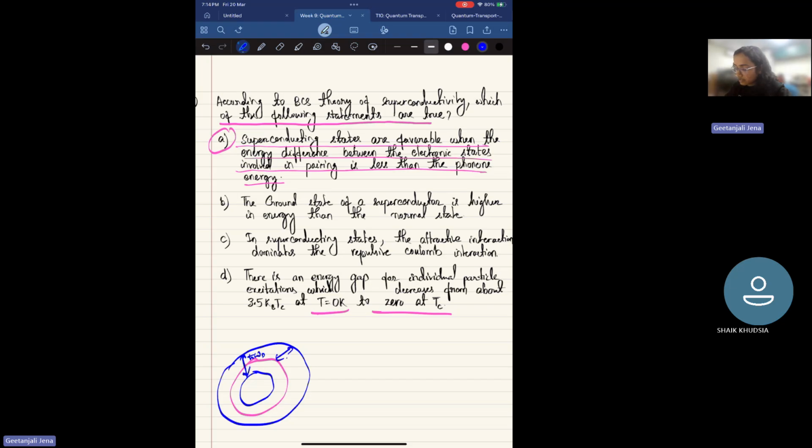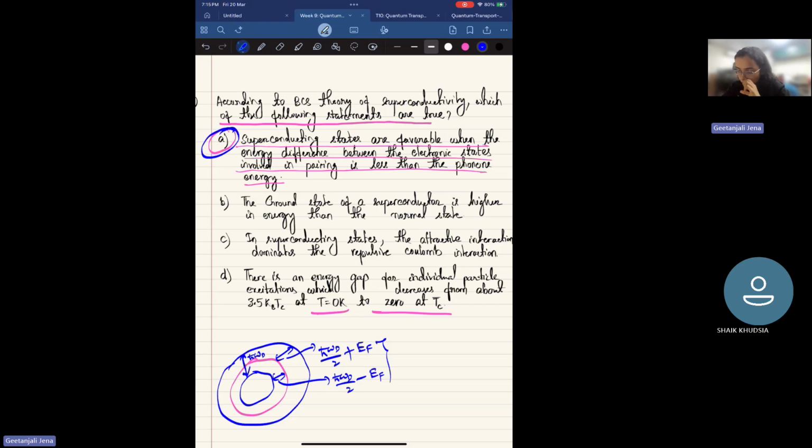Roughly, this is h cut omega d by 2 and this is also h cut omega d by 2 with respect to the Fermi energy, plus and minus. So these states combine and form Cooper pairs. That is why the individual electronic state should have energy less than the phonon energy. So option A is one of the correct answers.